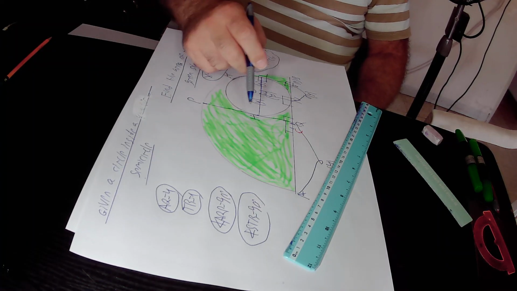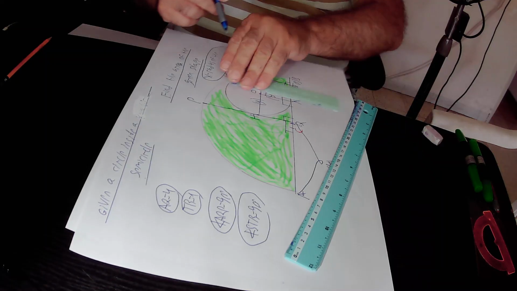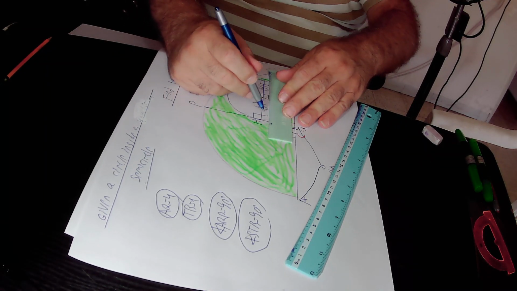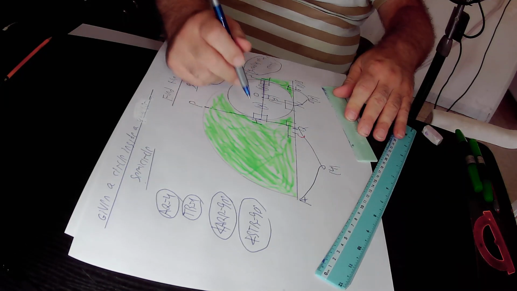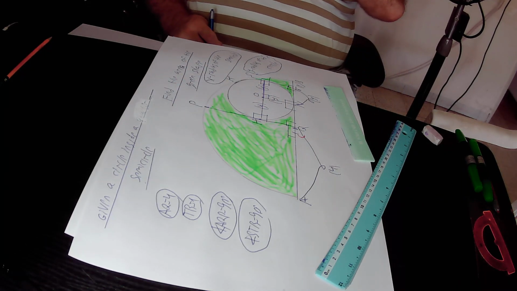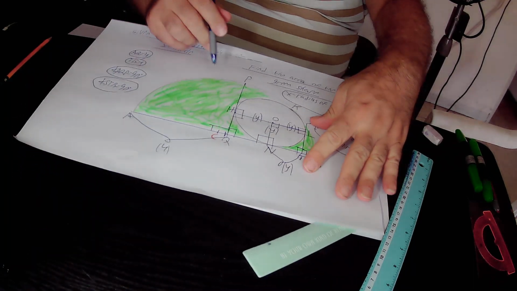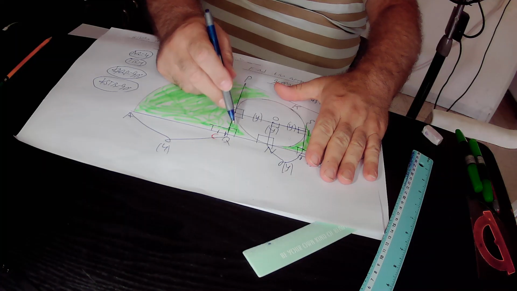If PQ is perpendicular to OH, it means that this angle equals 90 degrees, and this angle also equals 90 degrees, according to the sum rule, rule 1. So in quadrangle HONQ, we have 1, 2, 3 right angles.